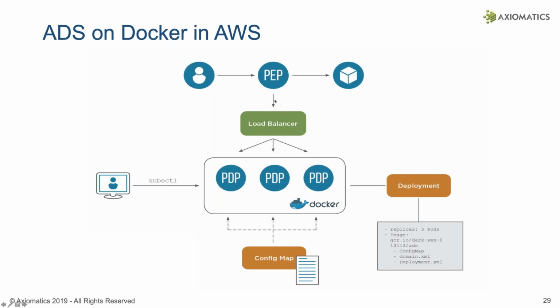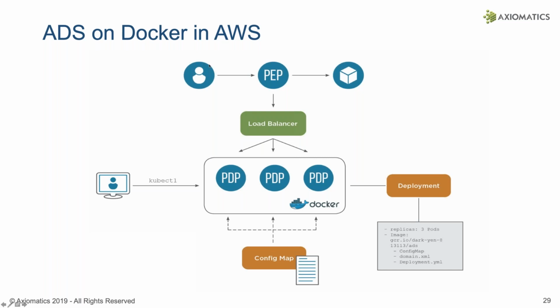Shortly on the architecture for ADS running on Docker in Amazon, this is not entirely true because I actually don't have a load balancer. I just have one instance of the PDP, but it's running on Docker. It doesn't actually run on Kubernetes. It's not orchestrated that way. It's more simple than that. The PEP here is the Apigee gateway.